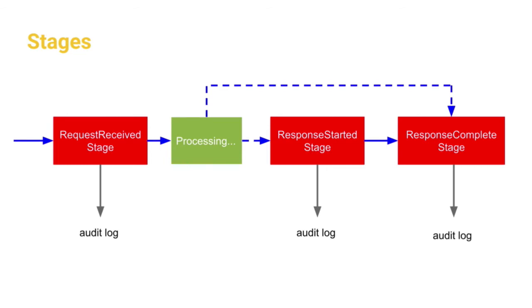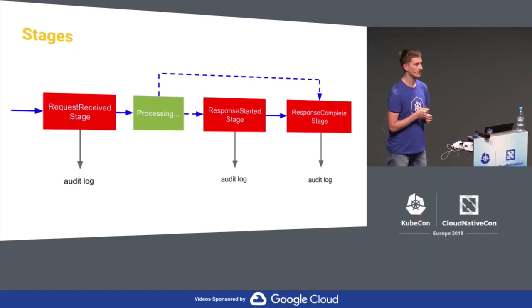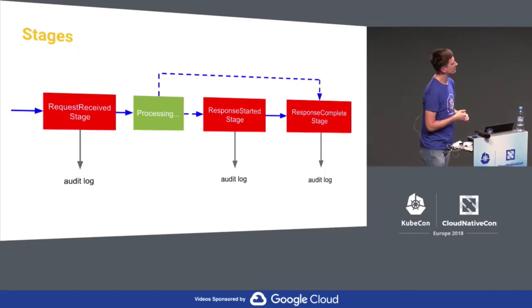If it's something long running like watch, then we go to the stage called response started stage. At this point, another audit log is generated. And once we have sent the last byte to our client, we come to the response complete stage.